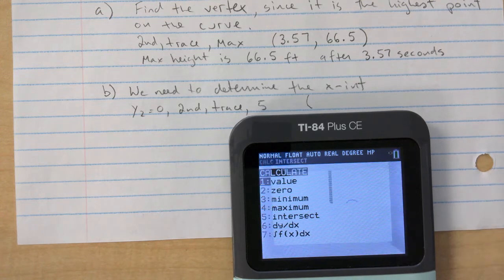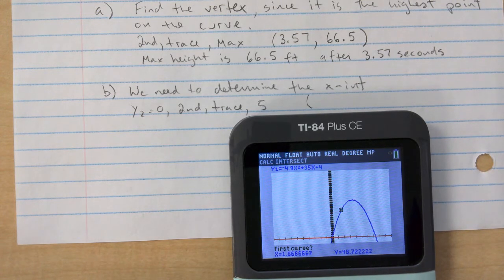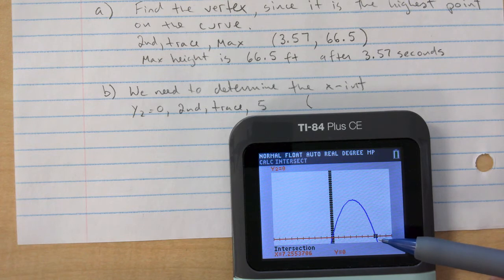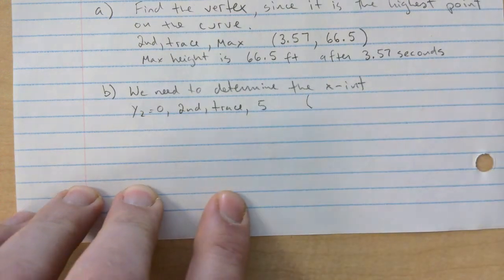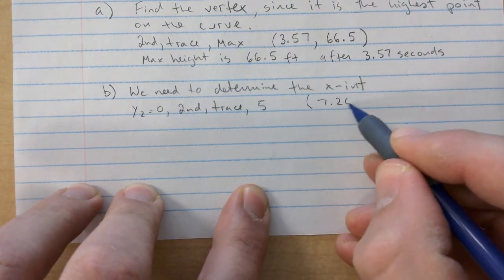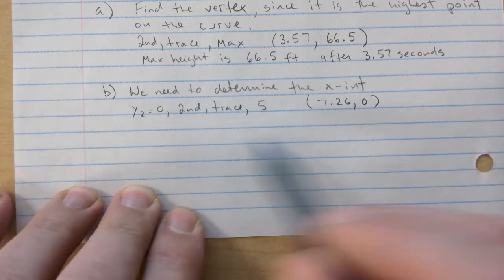So let's try this again. I want to find this one here. Right, that one right there. So that's 7.26 if you round it. It's 255, so it's 26 that we rounded to. 7.260 is the point.